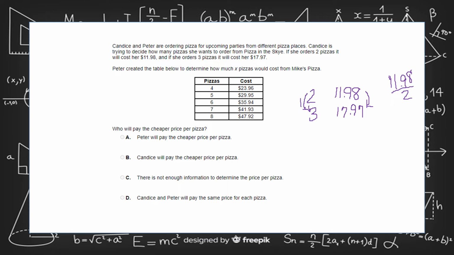And I can figure out that I'm going up $5.99 here. So I could say, okay, if I do 4 pizzas, that's going to be $23.96. So notice that both Peter and Candace have the exact same amount per pizza. So they will pay the same price per pizza.